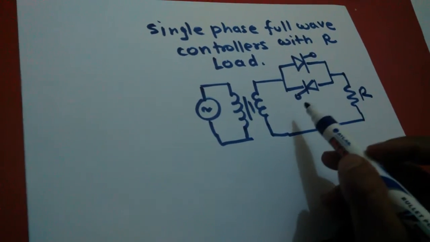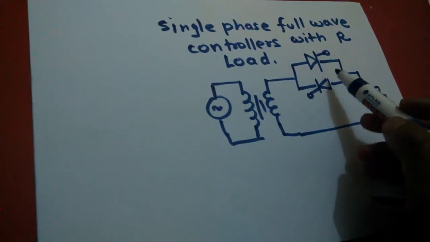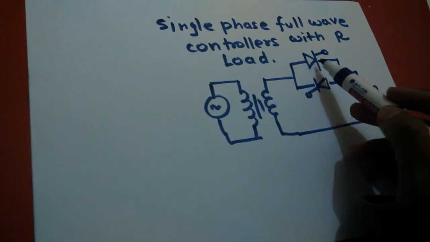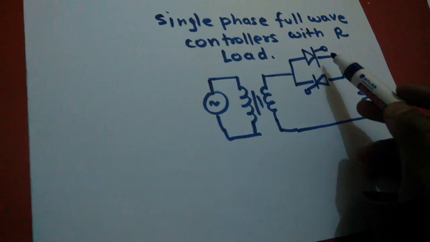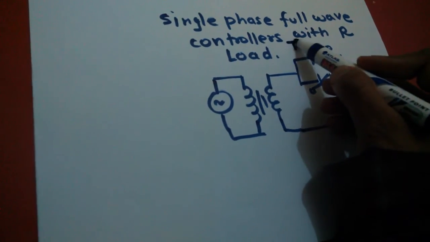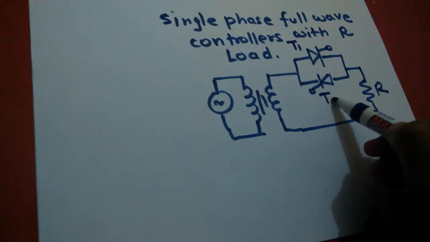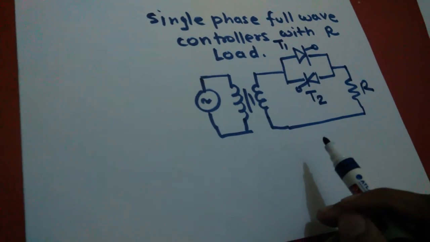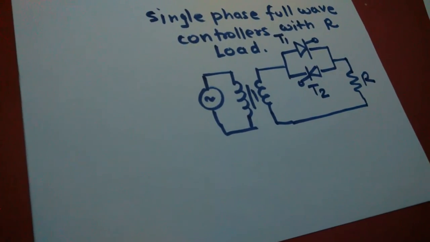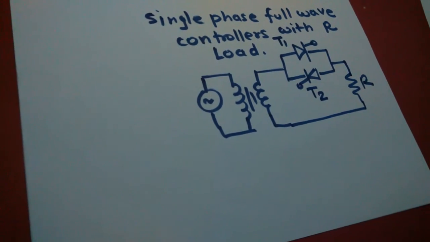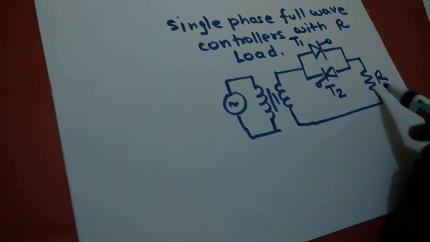In this operation, we have seen that we are using two thyristors. In half wave controllers, we have used only one thyristor. Now we are using two thyristors, and both conduct during the positive half cycle and negative half cycle with firing angle of alpha. So we will see here this circuit is feeding a resistive load.